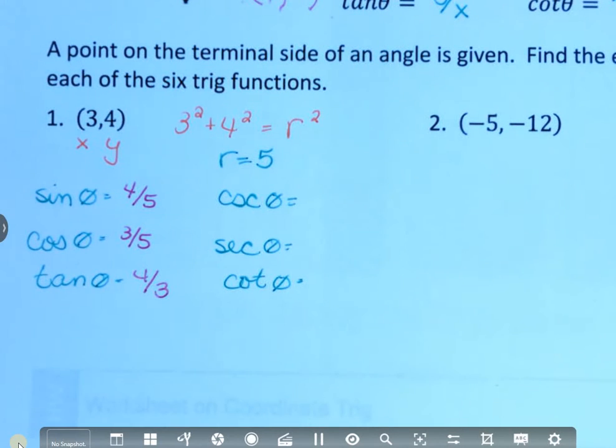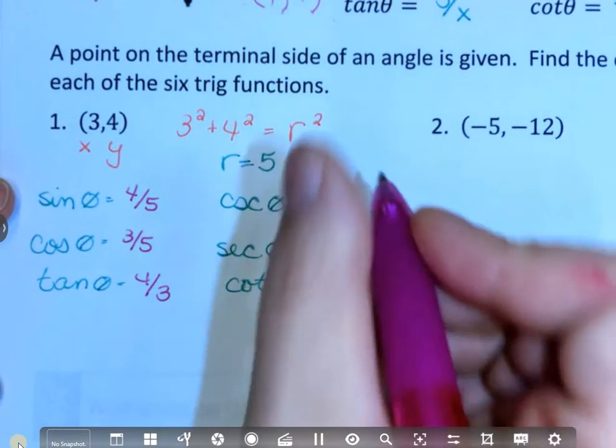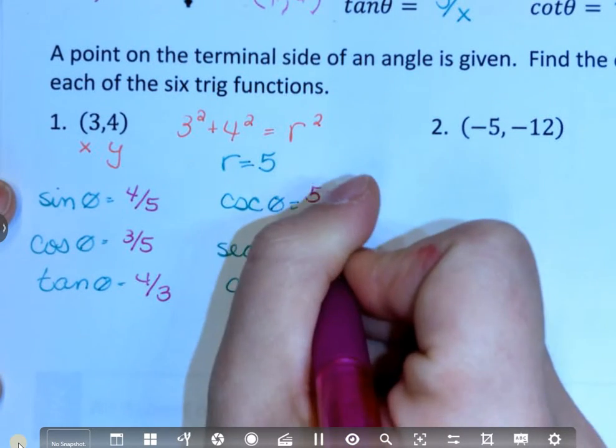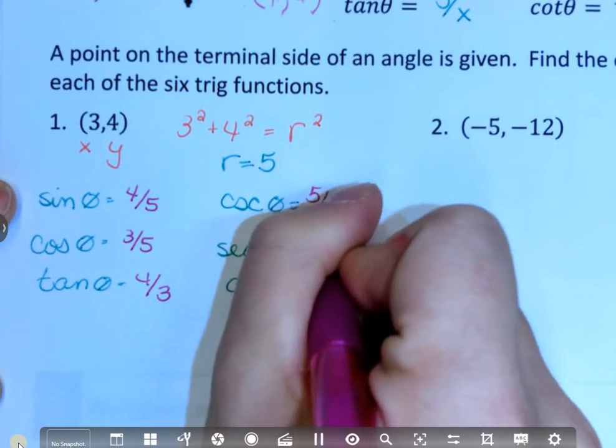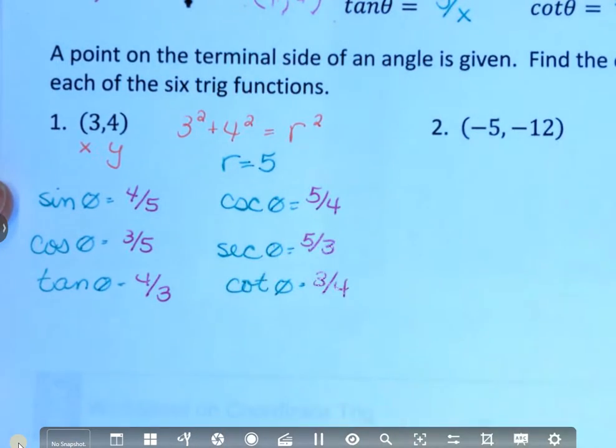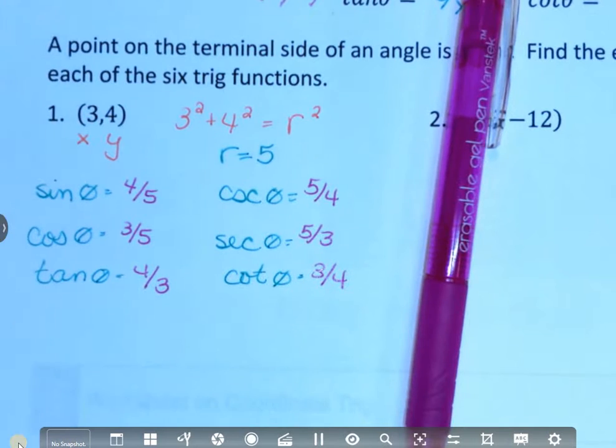Any questions where those came from? All right, then. What is the cosecant? 5 over 4. Secant? 5 over 3. Cotangent? Mic drop. Or pen drop, or whatever.